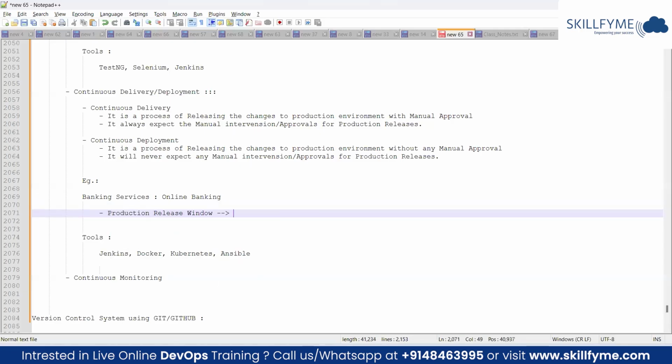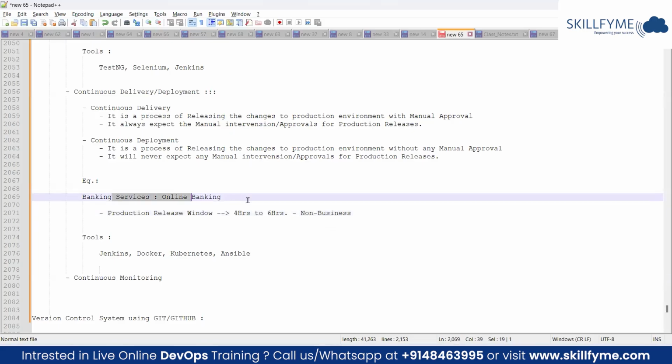It will be around 4 to 6 hours, and we choose completely non-business hours, where the traffic is very low. It can be during the weekends or early morning, when no users are using that server. They won't do such things on a Monday morning, which is peak hours. They know that, so they choose one deployment window or release window to do that production level implementation.